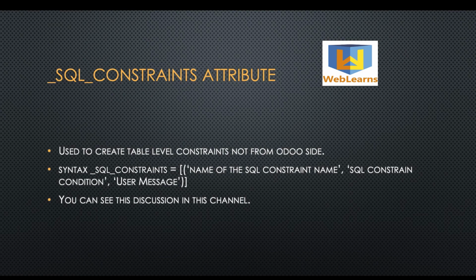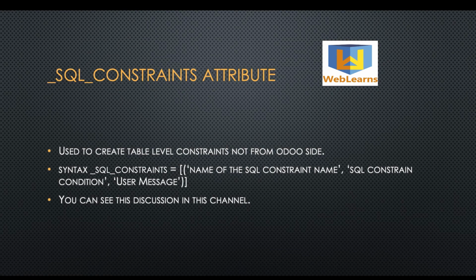The second parameter is the SQL constraint condition or column name, and the third one is the user message, which is what to display on the front end side. And that's it. Now let's move ahead and try to add the SQL constraint on the Odoo side.